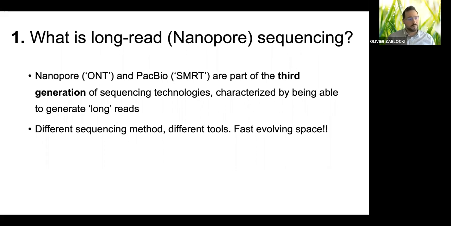And because a lot of it is actually software-based and not necessarily hardware, it is a fast-evolving space. Every couple of months, a tool may be upgraded, sometimes to improve sequencing accuracy, or sometimes new tools take advantage of the technology in ways nobody thought of before.